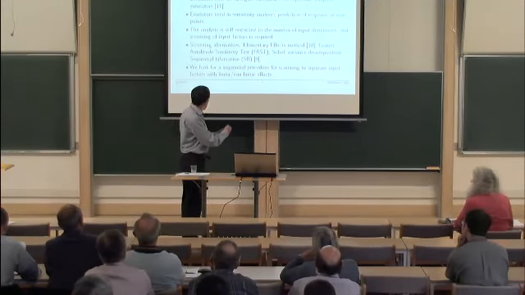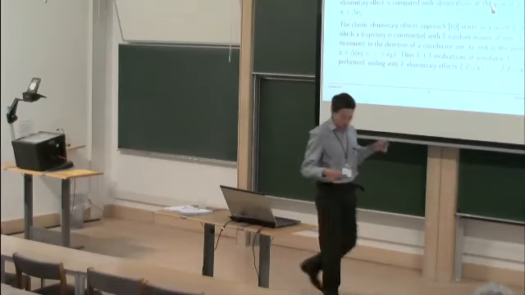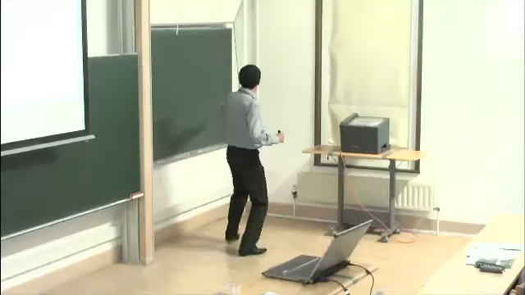Now I'm just describing what the elementary effects method for screening is. Let's assume y is the simulator, assumed to be a smooth function on k inputs, over the usual design region. At a point x, what we do is experimentation of the one-at-a-time sort.